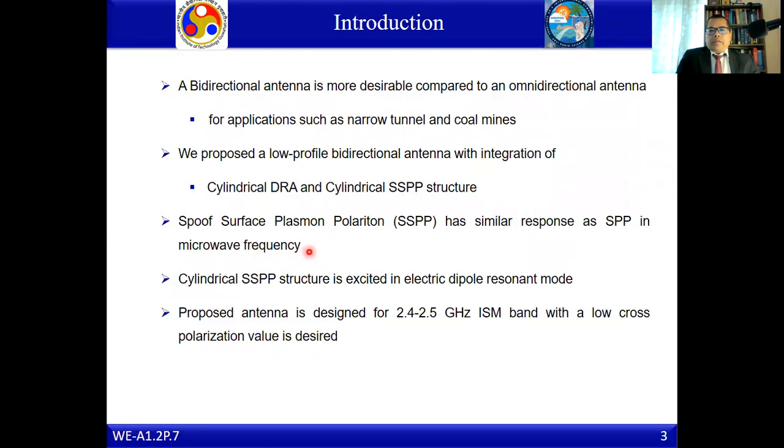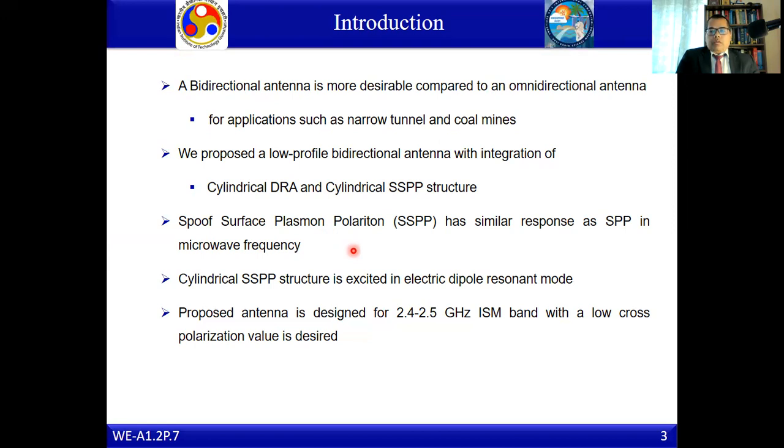So a bidirectional antenna is much desirable for applications in narrow tunnels and coal mine applications. In this paper, we propose a low-profile bidirectional antenna, which is an outcome of integration of cylindrical ring DRA and cylindrical SSPP structure. It's a well-known fact that spoof surface plasmon polariton is a similar response of SPP in the microwave frequency region.